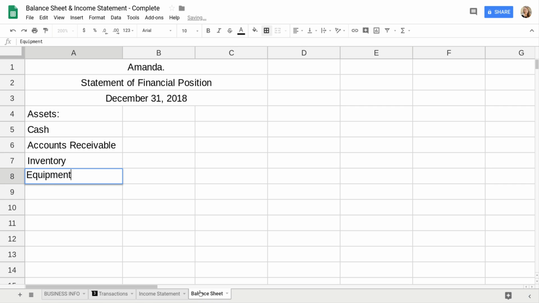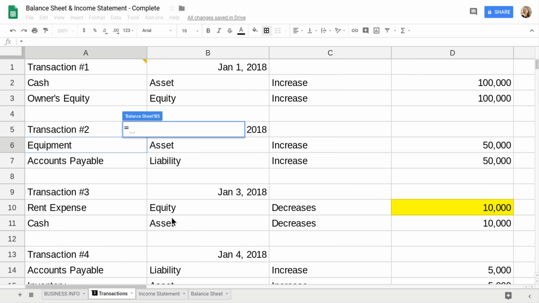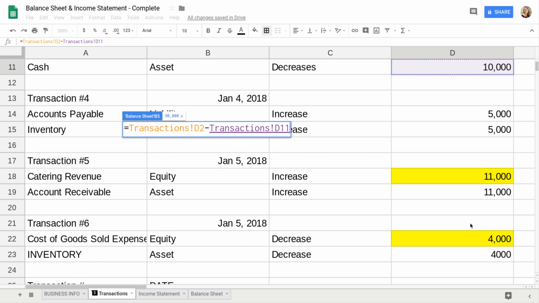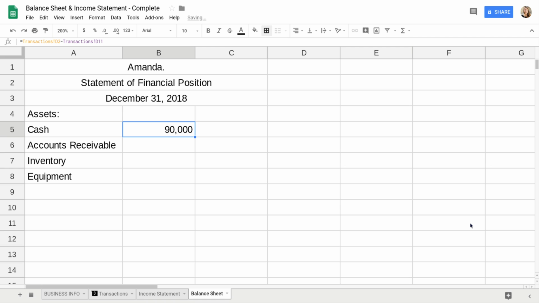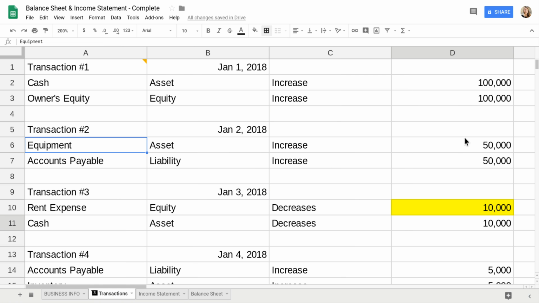equipment. Okay, so in order to find our cash balance, we need to go back to here and we say, okay, we increased by 100,000. Great. Then it decreased here by 10,000. Then in cash again. Did we use cash at all anymore? Nope, only twice. So that's how much cash we have. I'm just going to check this here to make sure I'm covering off everything. Okay, great.